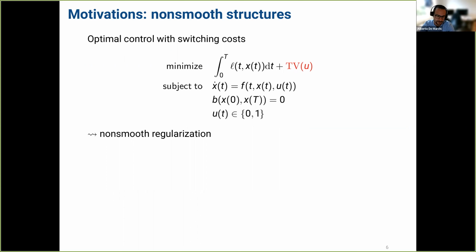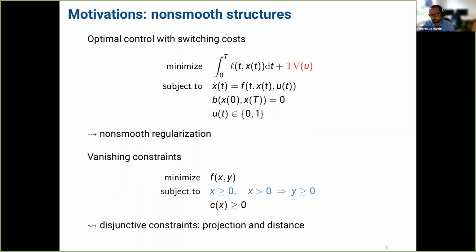A different motivation is vanishing constraints, or constraints of this type where we have some disjunctions, like switching constraints or either-or constraints, complementarity constraints, where we have a set which is the union of some simple polytopes, and these are usually difficult to handle with the standard nonlinear solvers. So we wanted to investigate different problem formulations, so to say.